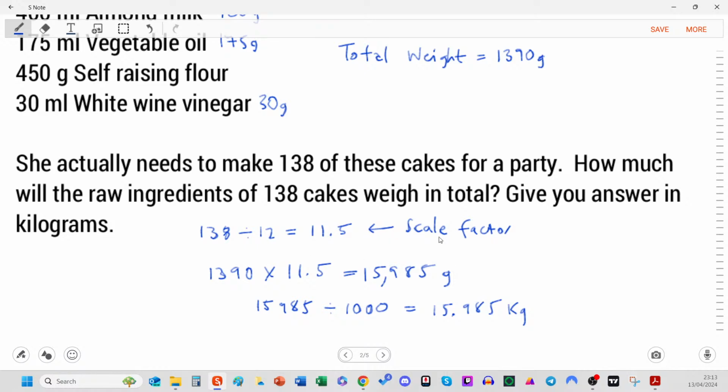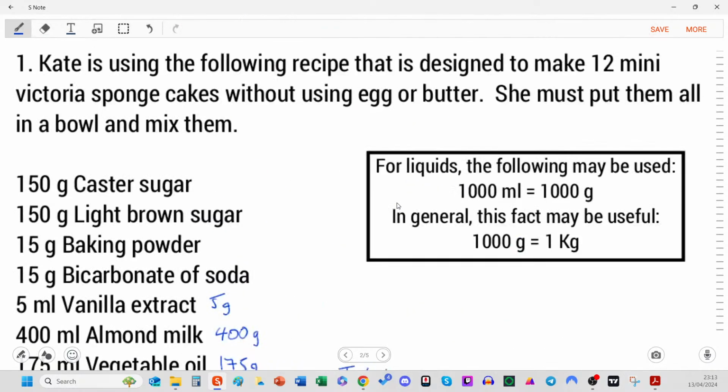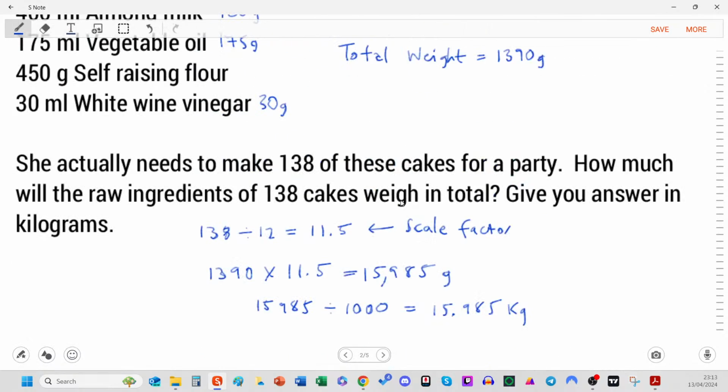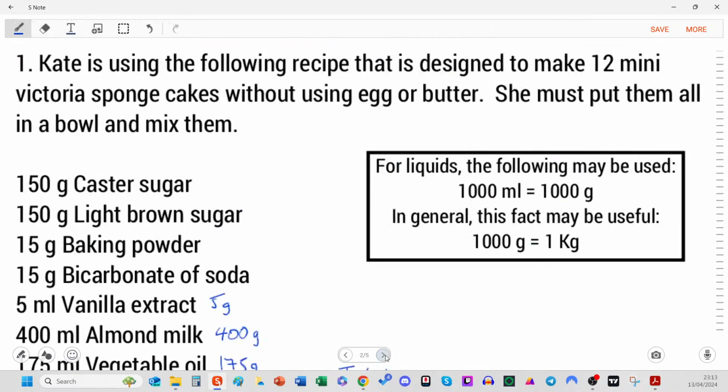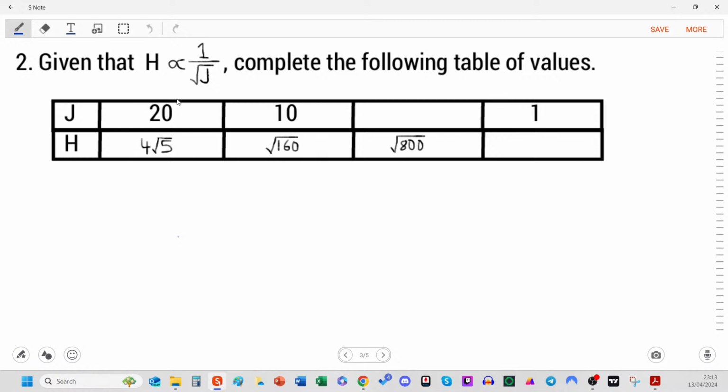But we're going to be moving on to some more questions now that involve equations, like it said in the specification. So without further ado, let's look at question 2. Given that h is proportional to 1 over root j, complete the following table of values. This is a language that we need to understand. This symbol here means proportional to.